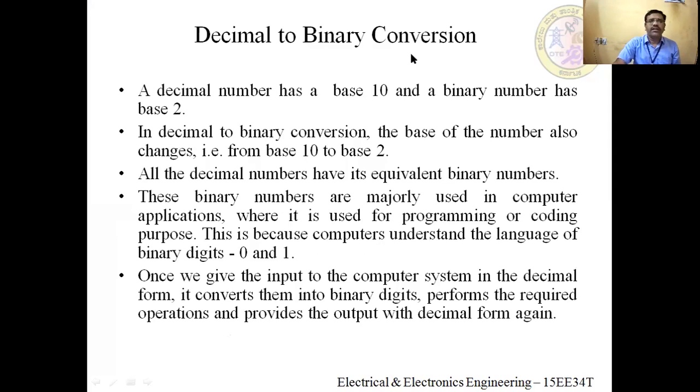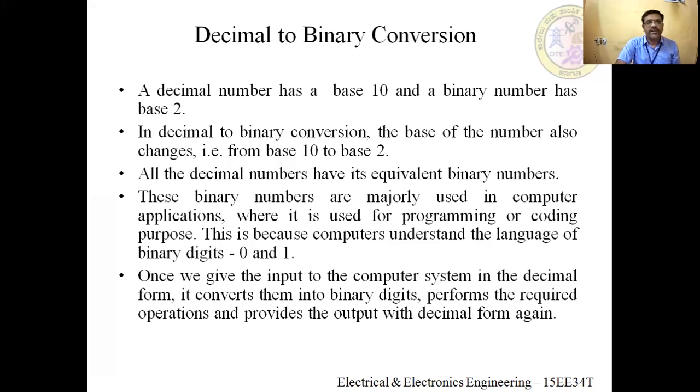So in any conversion, suppose you are converting a decimal number to its equivalent binary, the base of that number changes to 2. All the decimal numbers can be written as their equivalent binary number. Any decimal number we can convert to its equivalent 4-bit binary.